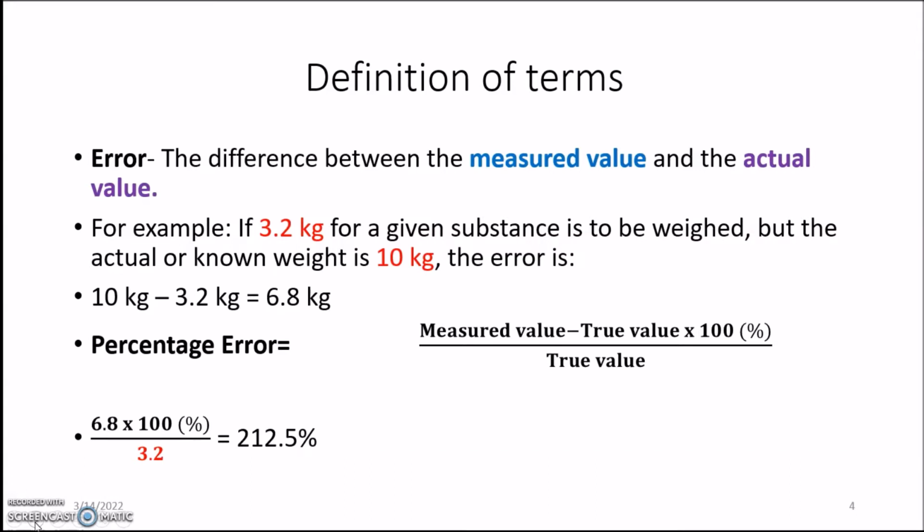Now, based on our previous lectures, we know that that is grossly inadequate and unacceptable, because acceptable error in terms of pharmaceutical calculations and compounding would be between 5 and 10%.